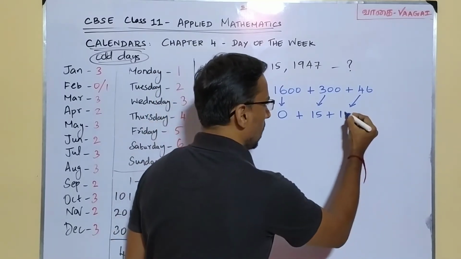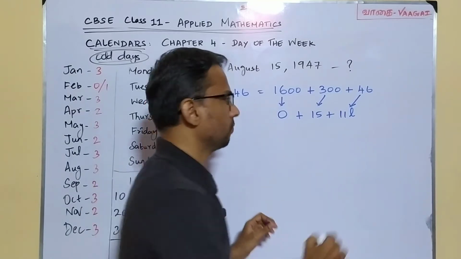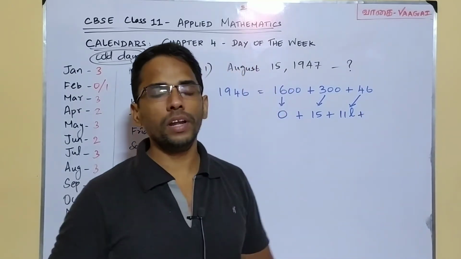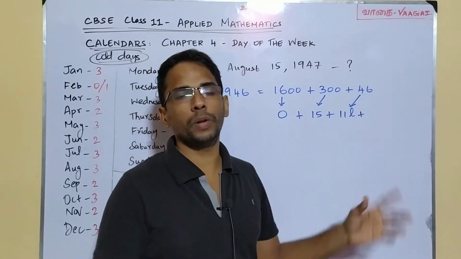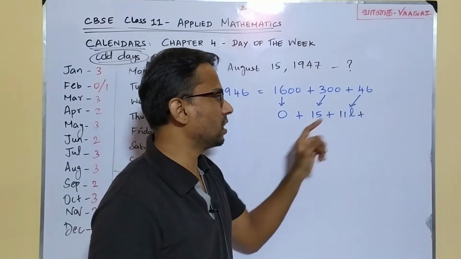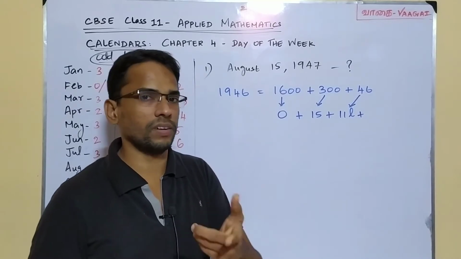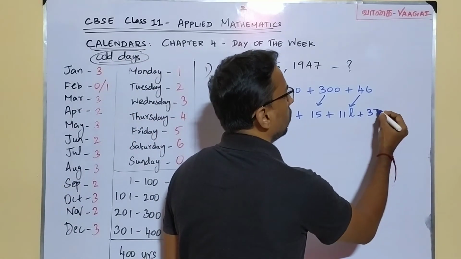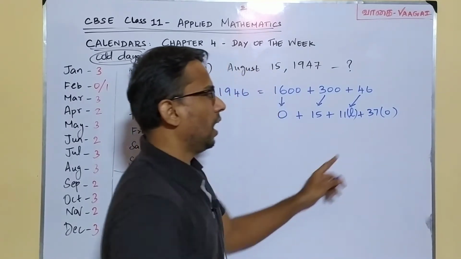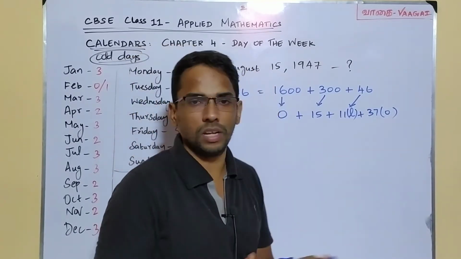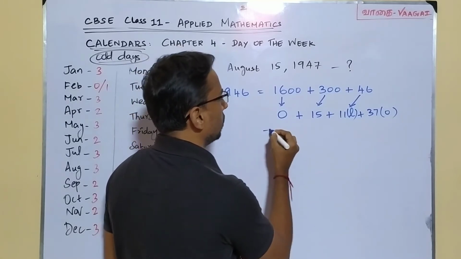Let me note it, 11 leap years. And what about ordinary years? Take 46, remove this 11, the others are ordinary years. 46 minus 11 is 37, so 37 ordinary years. That's it. 11 leap years and 37 ordinary years.